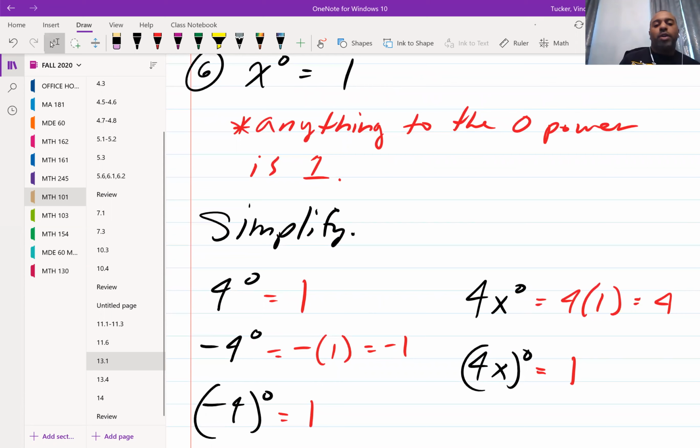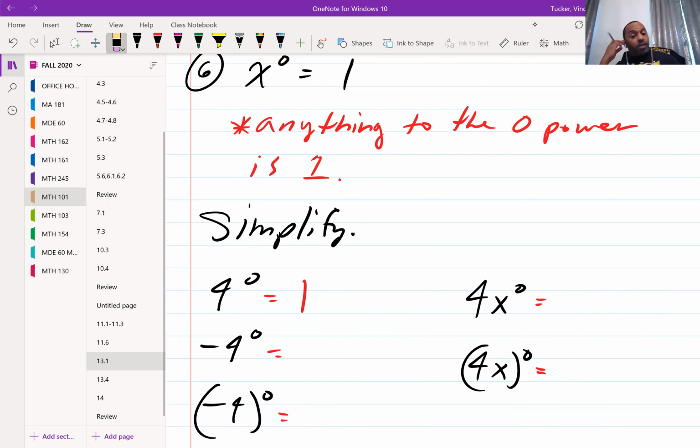All right. So here we have to be careful with our parentheses and what's being applied by our exponents and all that stuff. We talked about that last class as well, in which anything to the 0 power is equal to 1. But when I look at this one right here, negative 4 to the 0 power, if there aren't parentheses there, then the 0 power is only being applied to the 4.